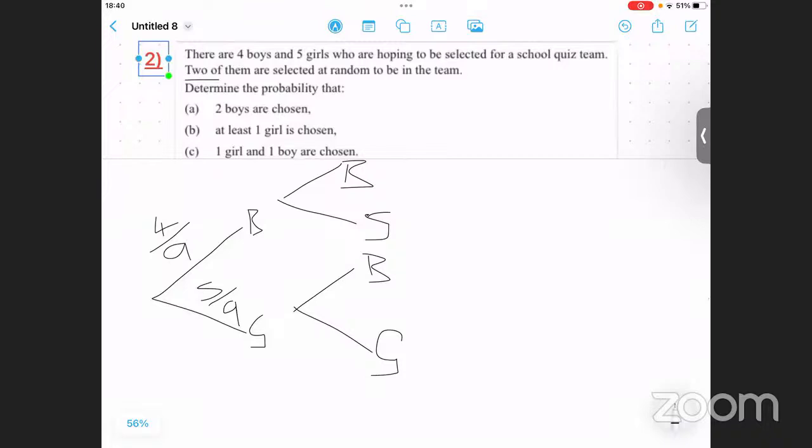And now we're gonna focus on the second learner to be selected. If the first learner that was selected was a boy, what are the chances of selecting a boy? If the first one was a boy, what is going to be the chance of a boy being picked or selected?